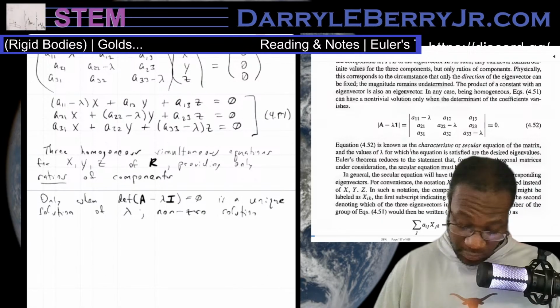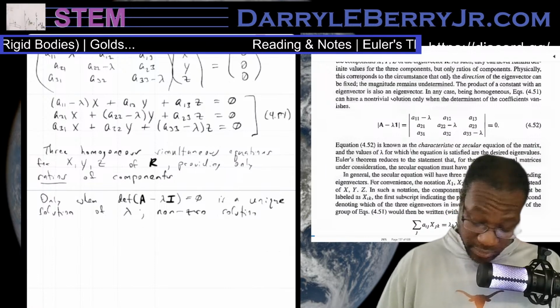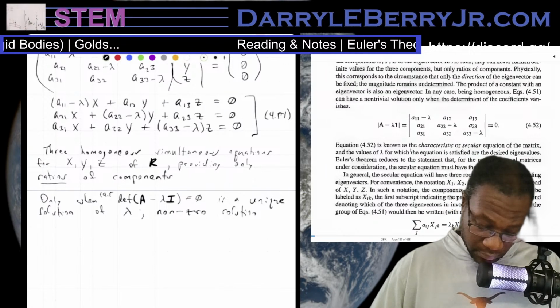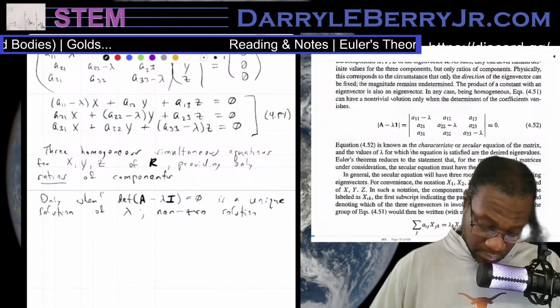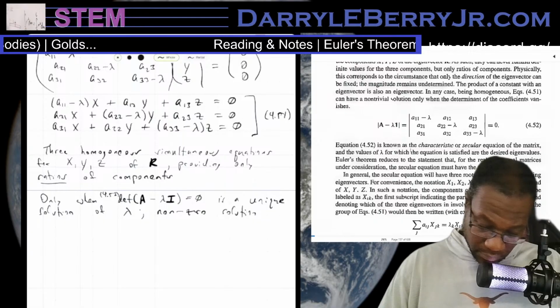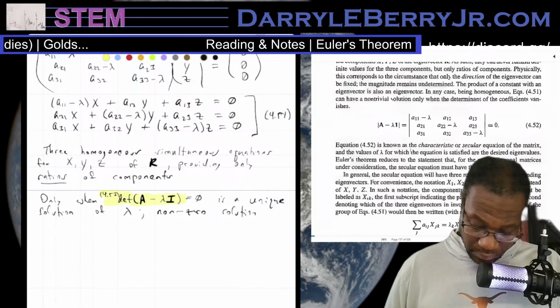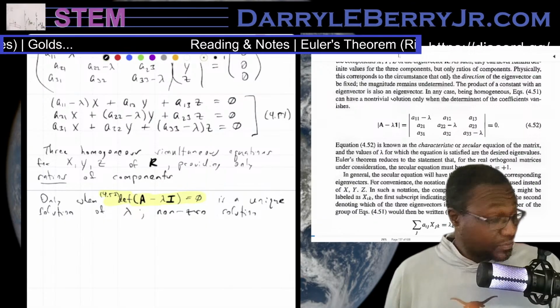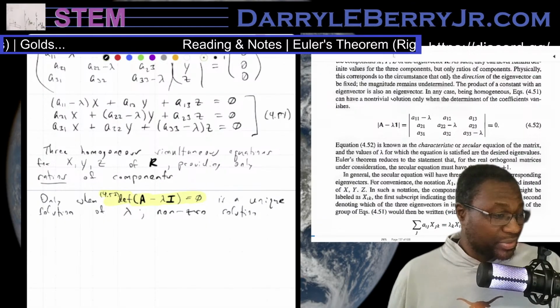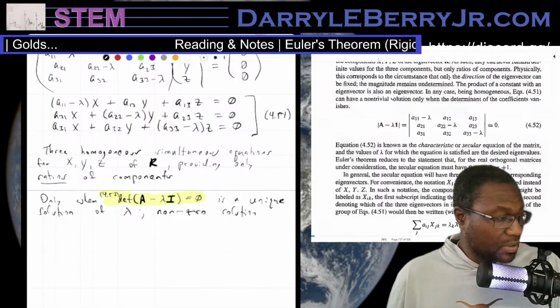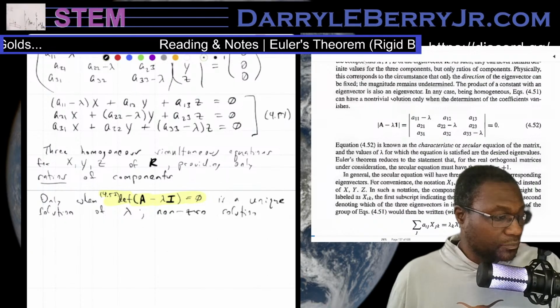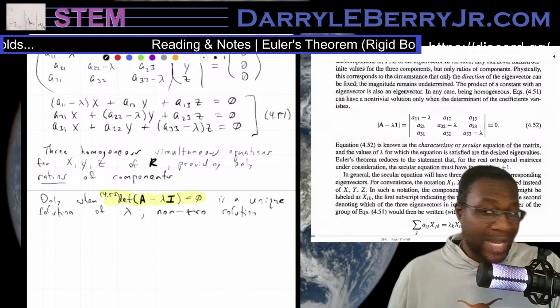4.52, which is here. Equation 4.52 is known as the characteristic or secular equation of the matrix, and the values for lambda for which the equation is satisfied are the desired eigenvalues.